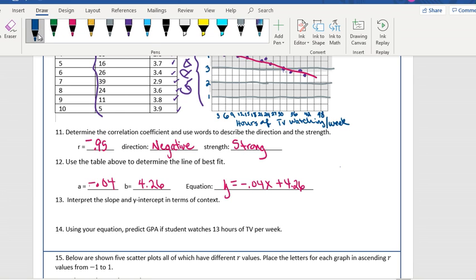Interpret the slope and the y-intercept in context. Okay, so slope in context. Slope is rise over run, and the rise has to do with the GPA.